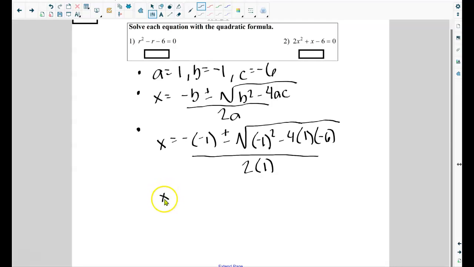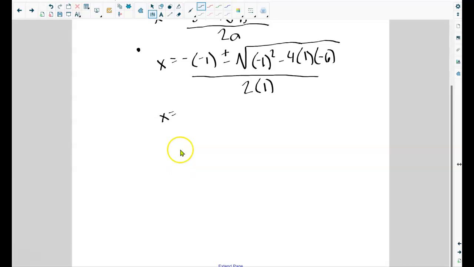Now we have x equals. Now you get to really show some of that Algebra 1 discipline, so let's be careful here. Up here we've got 1 plus or minus. Here, this number squared is 1, minus, this is going to be 24 with a negative.